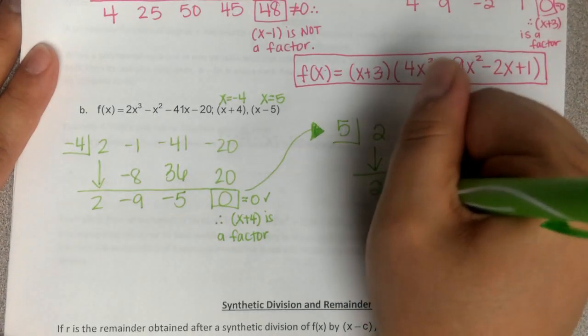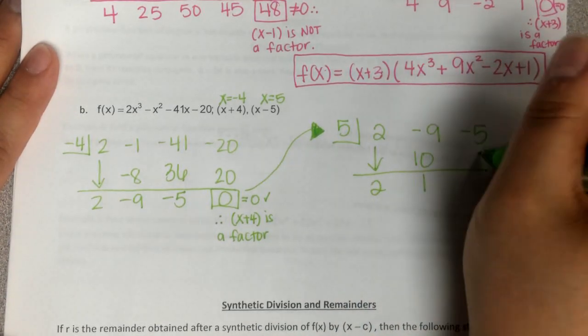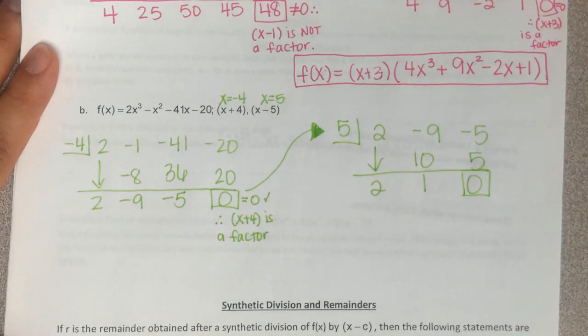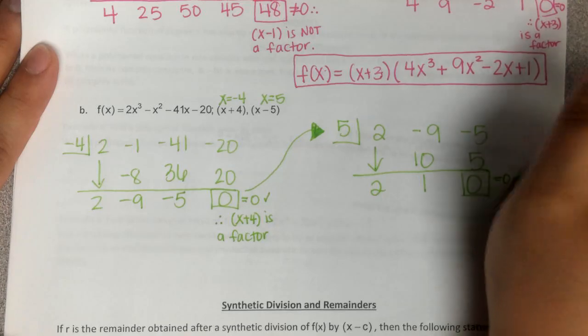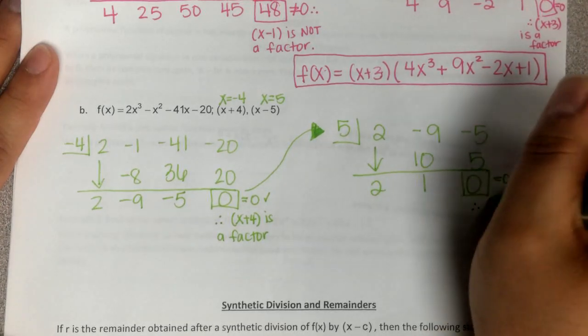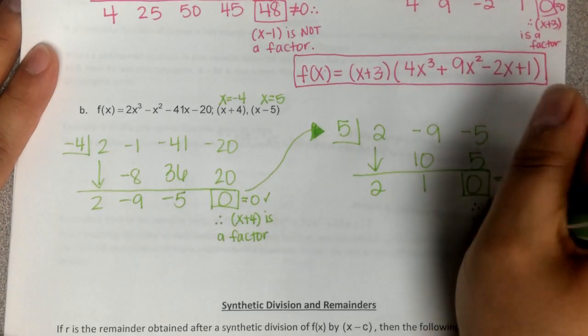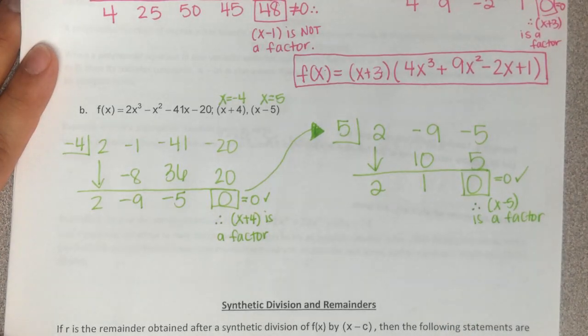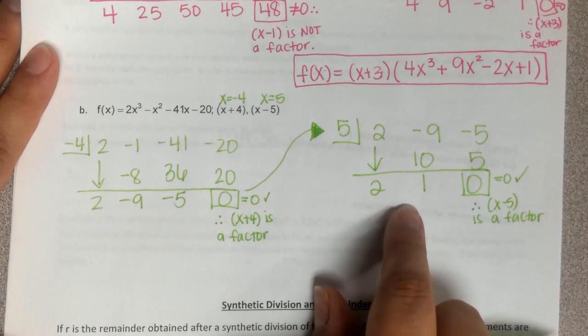Drop it down, multiply, add, multiply, add. Is this one a factor? Why would we want to use our depressed polynomial? Because it just factored it for us now.